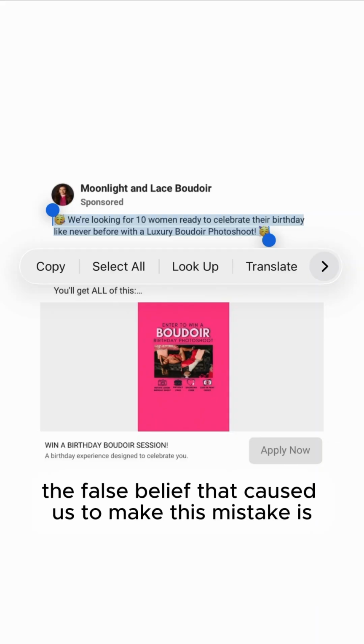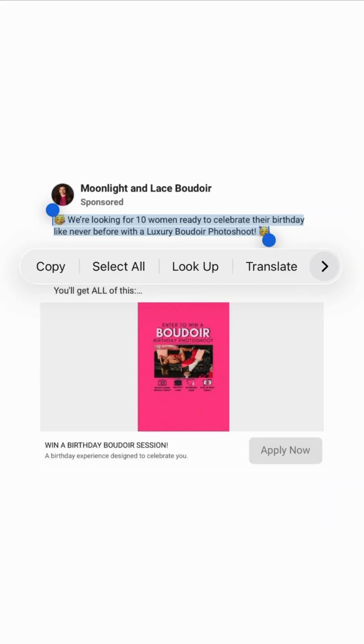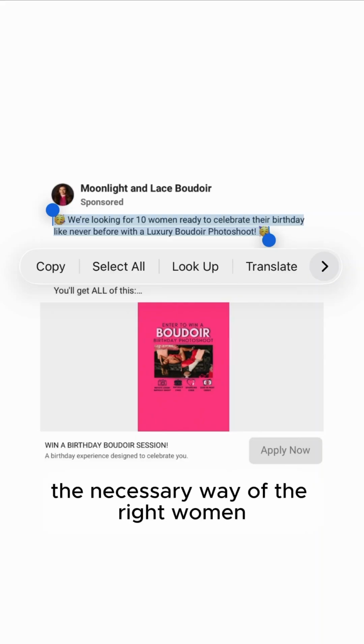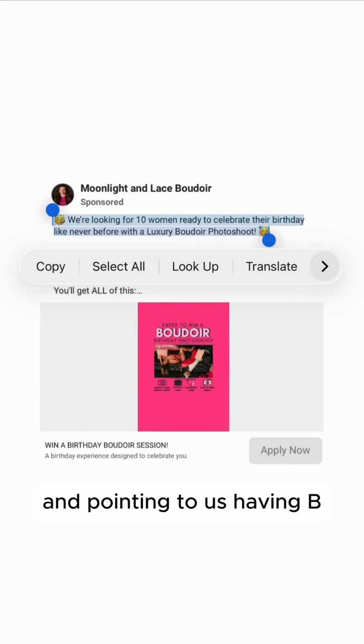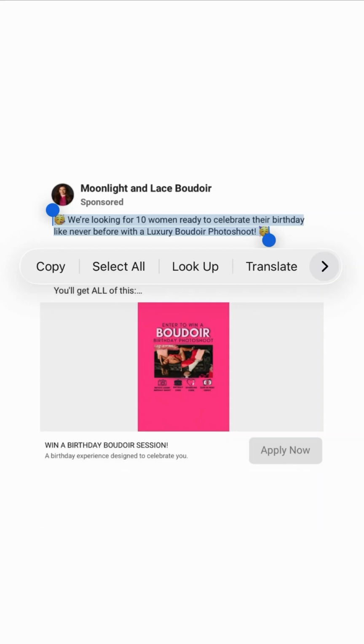The false belief that caused us to make this mistake is we believe we provide enough context, but the consequence of this is we actually have way more women scrolling by than necessary, way more of the right women, pulling our unique CTR all down and pointing to us having BLCS, aka Boudoir low click syndrome, increasing that probability.